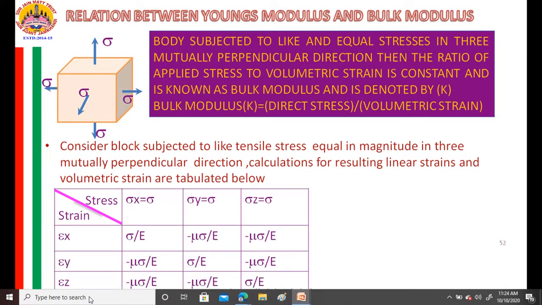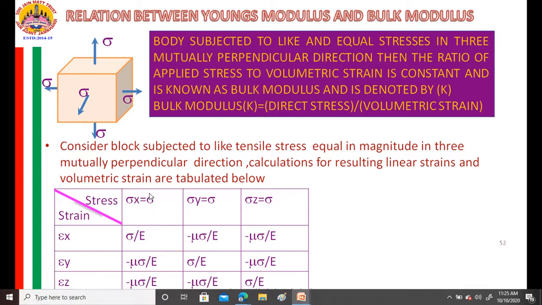Like the stress in x direction is sigma, it will give a strain in x direction equal to sigma by E, and a strain of minus mu into sigma by E in y and z direction.